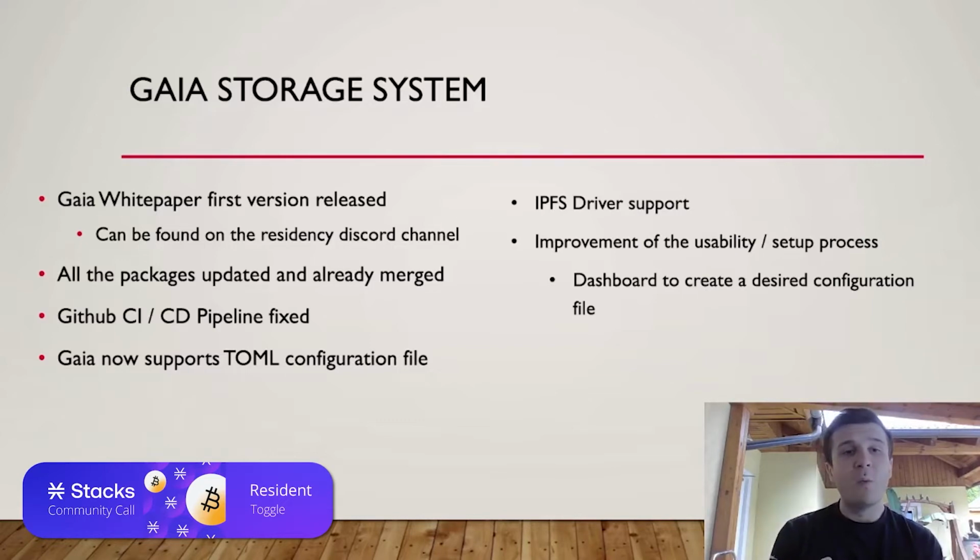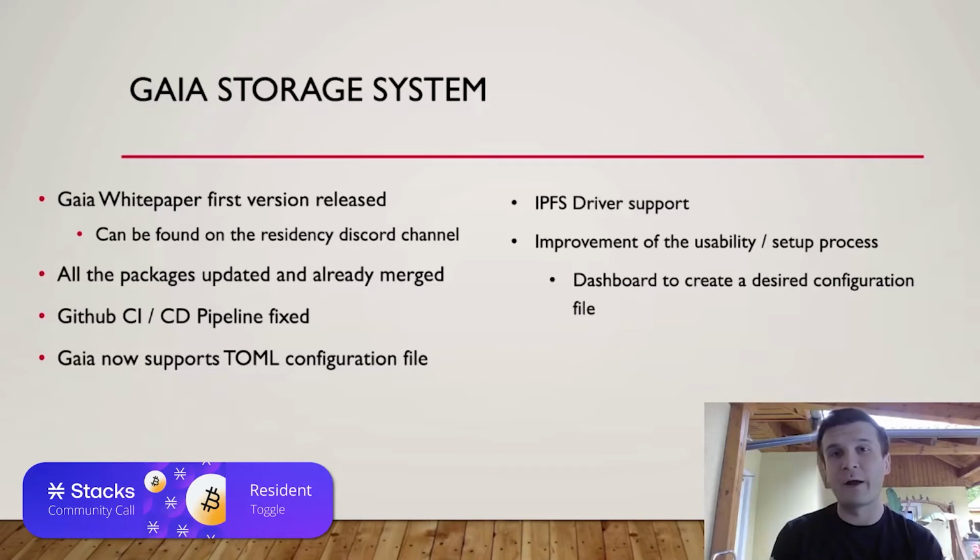So, what have we accomplished so far? The Gaia white paper has been officially released in its first version, more or less. You can find the link at the official Discord residency channel, where it is in the pinned messages. Also, the entire project has been updated, every package has been updated, and I'm very happy to say that the GitHub CI/CD pipeline has also been fixed.